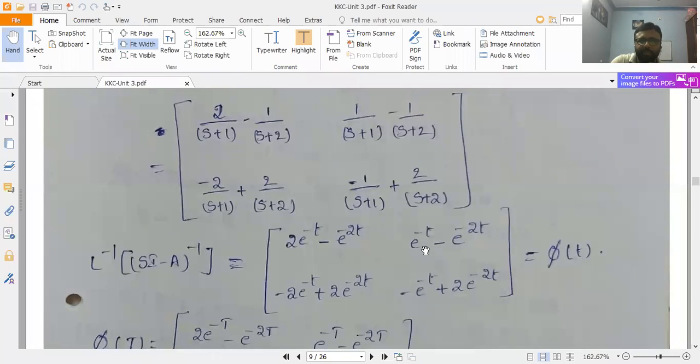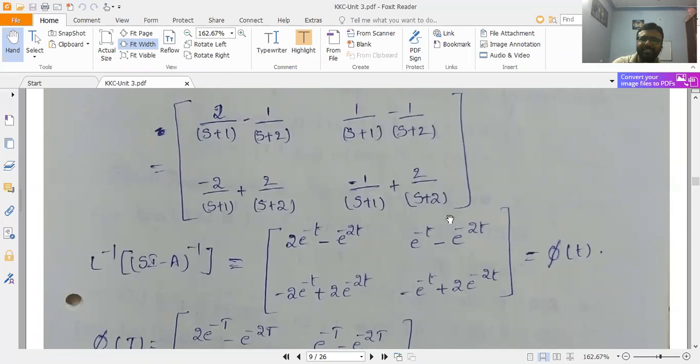In order to find the state transition matrix, we have the expression that is the Laplace inverse of this particular inverse matrix. With the application of the Laplace inverse, it is going to be obtained as 2 into e power minus t minus e power minus 2t, and this one is e power minus t minus e power minus 2t, and this one is minus 2 into e power minus t plus 2 into e power minus 2t, and this one is minus e power minus t plus 2 into e power minus 2t.